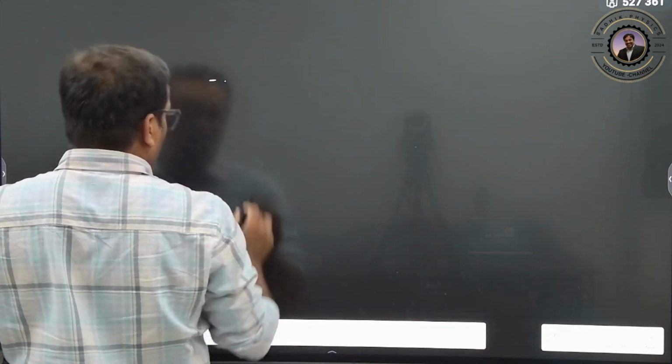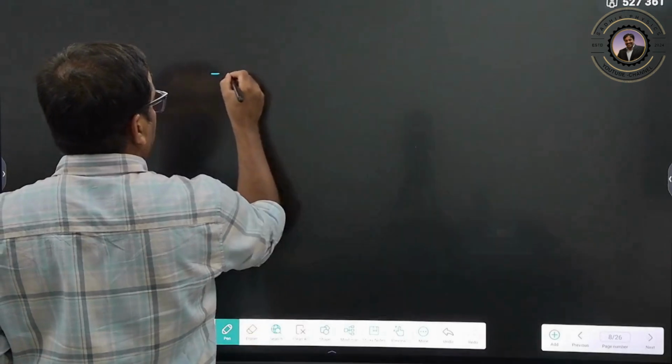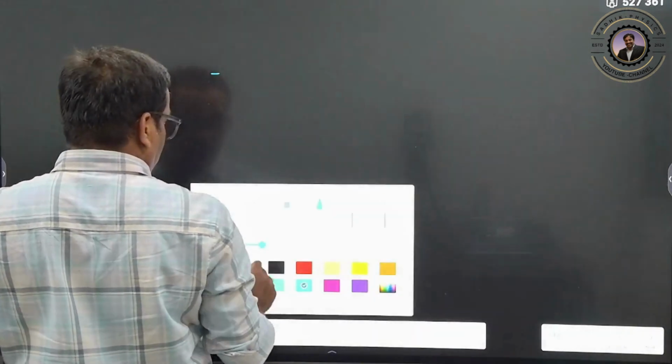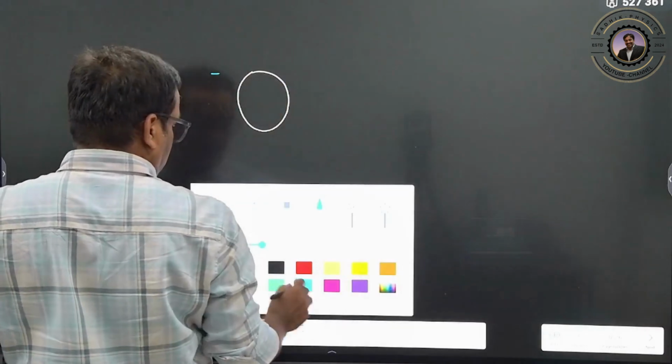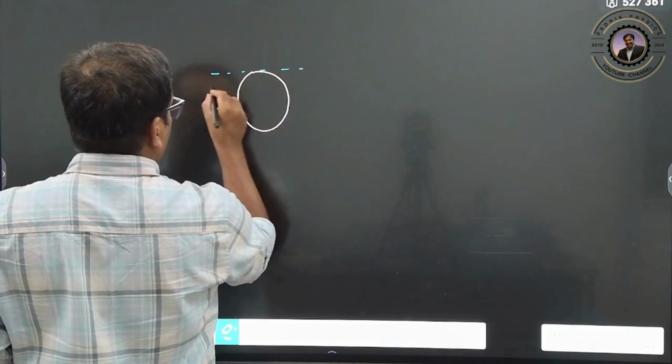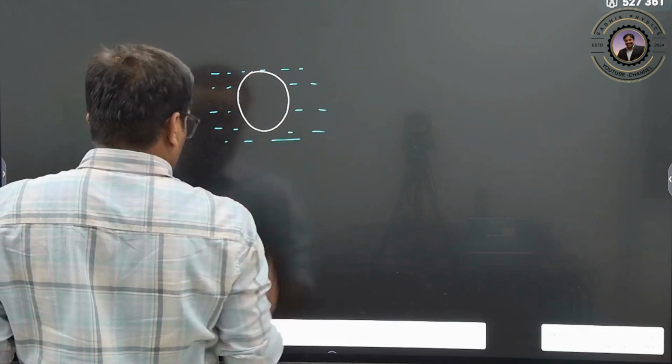Sometimes questions will come where there is water, and in the water an air bubble is formed. How is it going to behave?